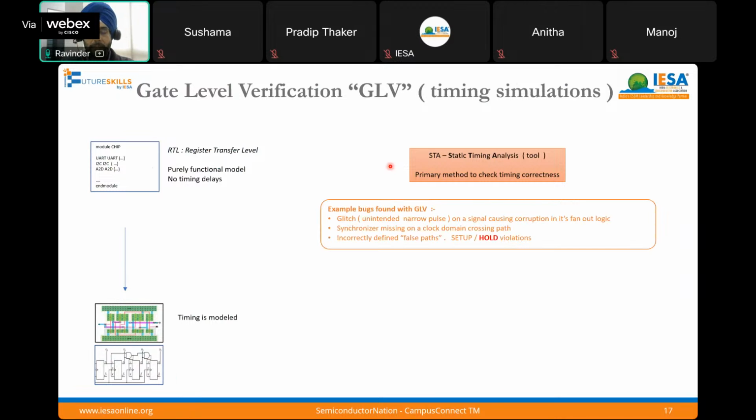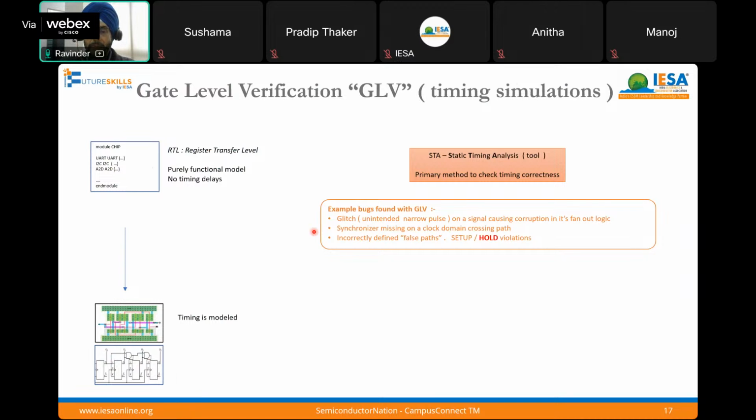These are some examples. For example, glitch. A glitch is an unintended narrow pulse on a signal that can cause corruption of its fan-out logic, and this glitch is not modeled or checked in STA. Now, we know that in a multi-clock domain chip, we can have clock domain crossing.